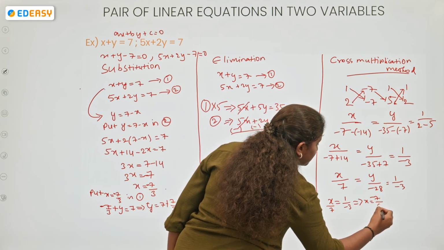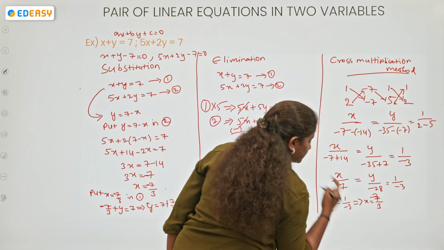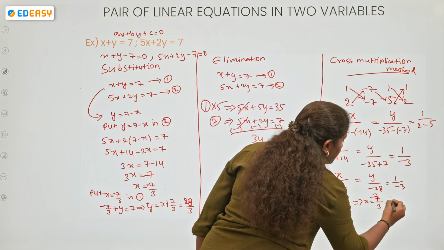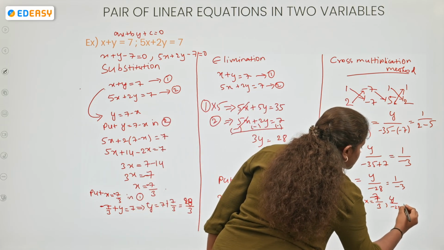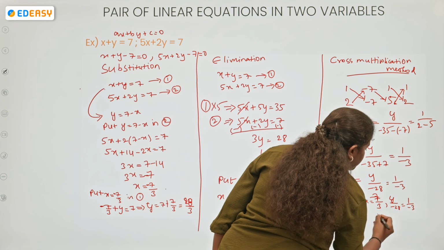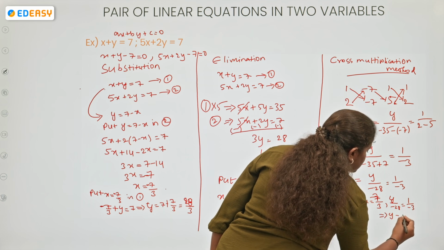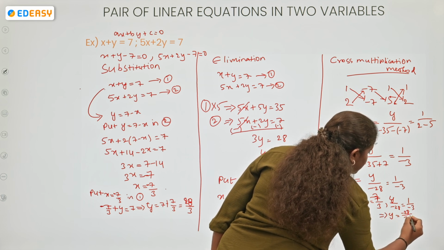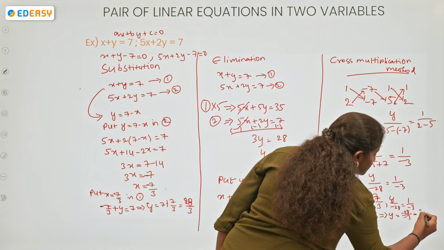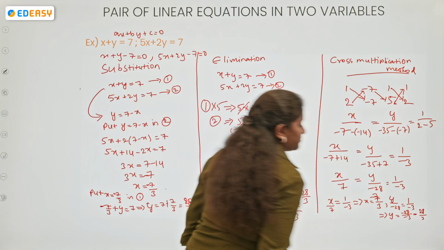It means minus 7 by 3, right? Yes. And next, y by minus 28 equals to 1 by minus 3, from which y value equals to minus 28 by minus 3. Minus minus cancel, 28 by 3.